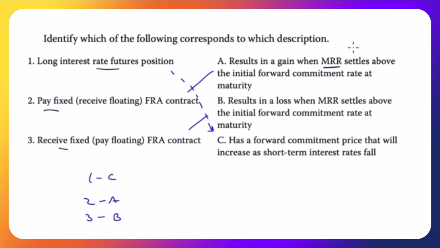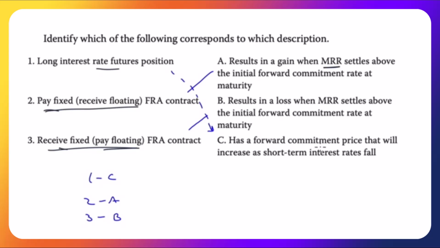So we must be paying a constant fixed rate and receiving the higher rate, pay fixed, receive floating. Results in a loss when the MRR settles above the initial forward commitment rate at maturity. Well, if it's a loss if it settles above, we must be paying the floating rate, because now we're paying a higher floating rate than the fixed rate we were receiving. There it is there, receive fixed, pay floating.